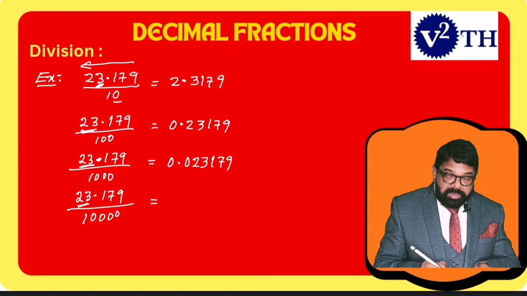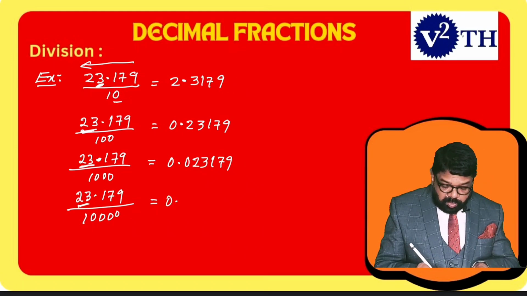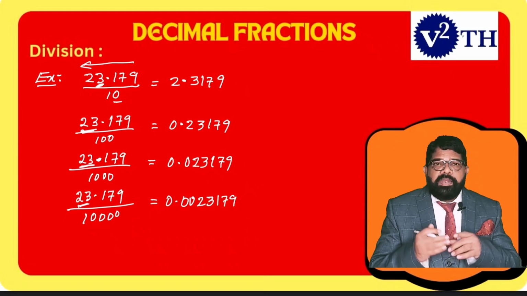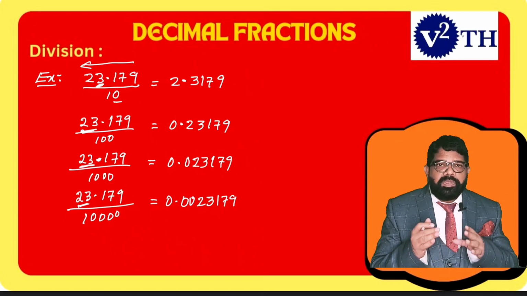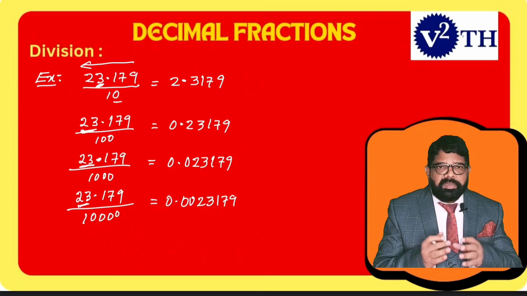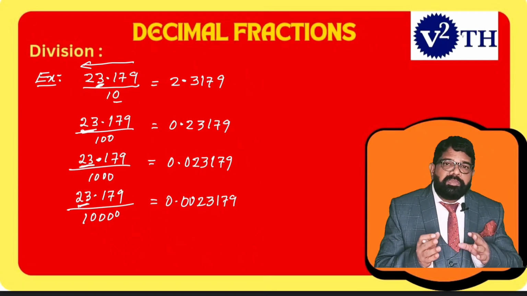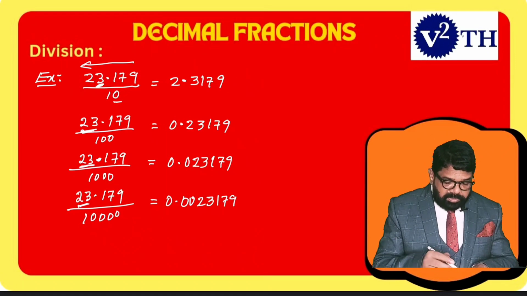But here only 2 digits are there, so take another 2 zeros: 0.002317. Very sensitive area. 99% of students make mistakes in this area, where to place the decimal. That is why I am saying, watch this video 2-3 times, then only can you get command.